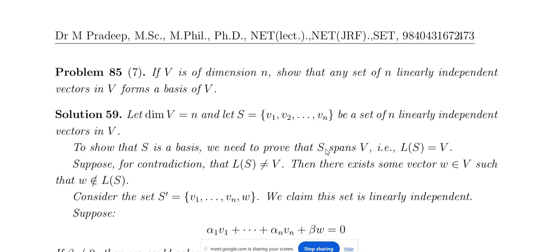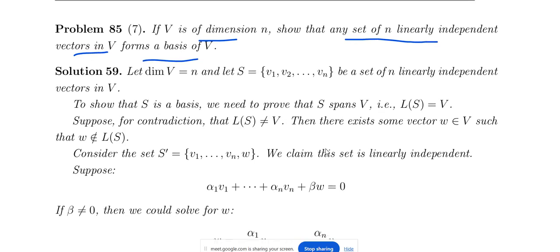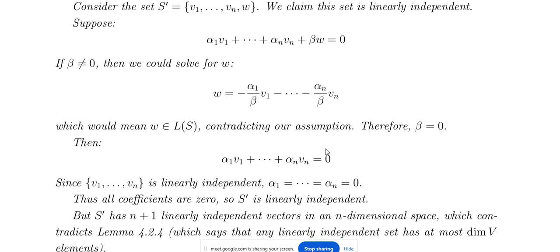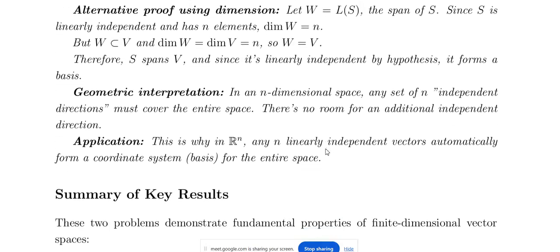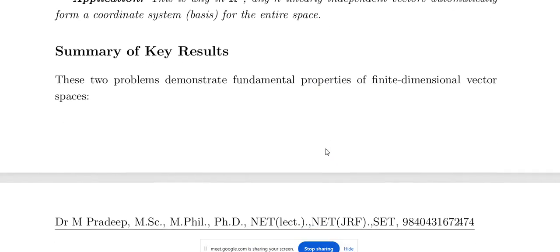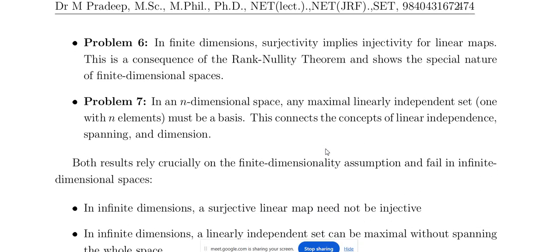And V is of dimension n, that is, any set of n linearly independent vectors in V forms a basis of V. In finite dimensions, surjective implies injective for a linear map.